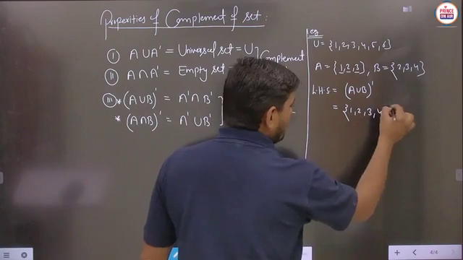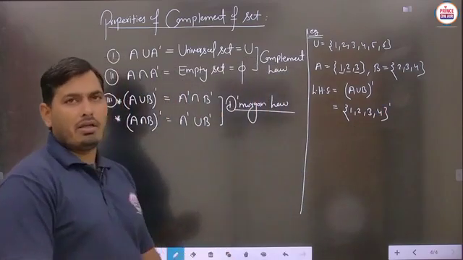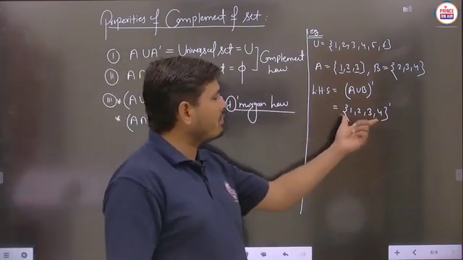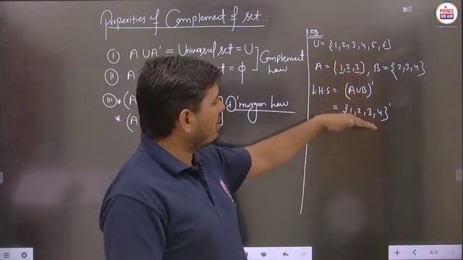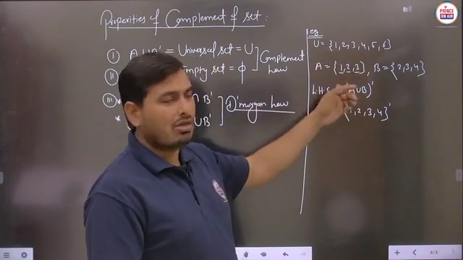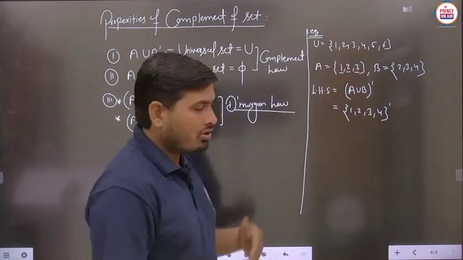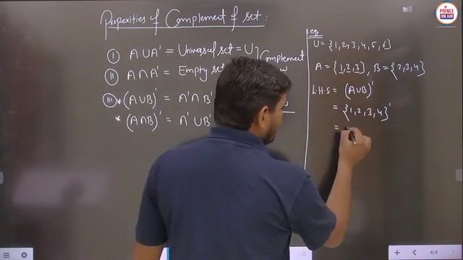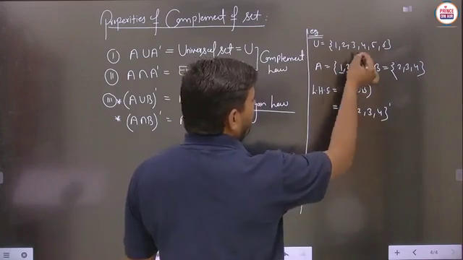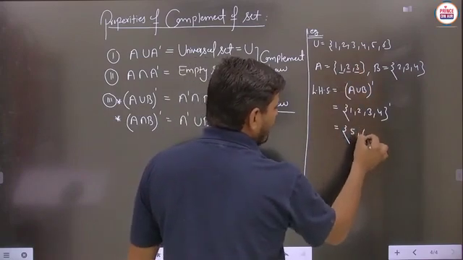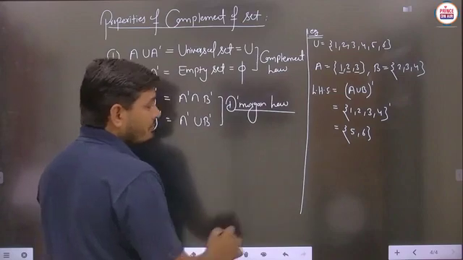Now we take the complement of this set, that is, subtract it from the universal set, and the answer is 5, 6.